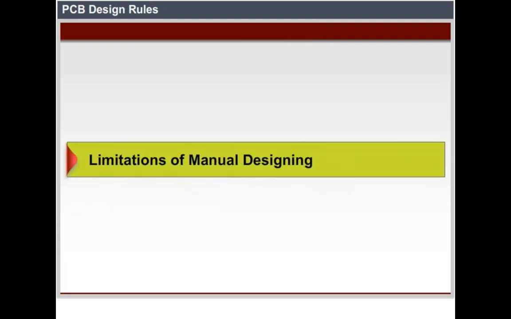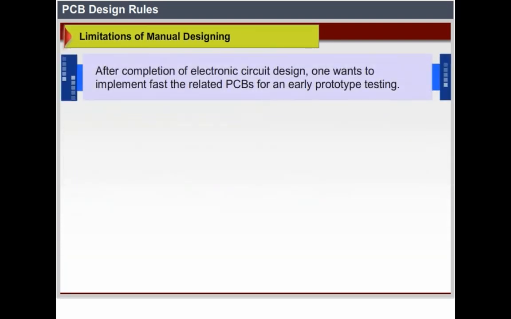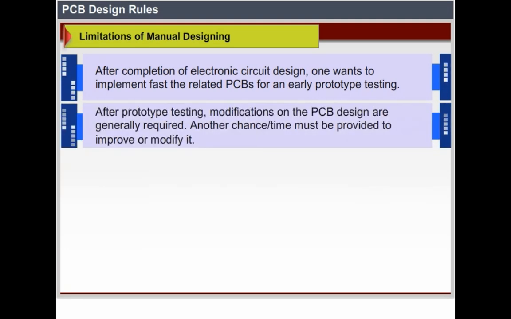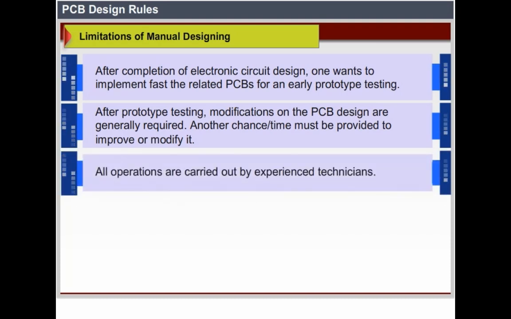Limitations of manual designing. After completion of electronic circuit design, one wants to quickly implement the related PCBs for early prototype testing. After the prototype testing, modifications on the PCB design are normally required, for which again time must be provided. All operations are carried out by experienced technicians.